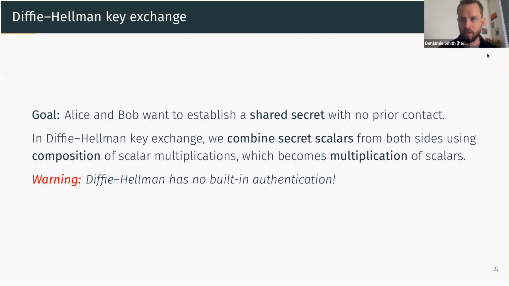There's just one thing I want to mention before we go on with this, which is that this protocol has no built-in authentication. At the end of this protocol, Alice and Bob will have a shared secret, but they won't necessarily know that Alice and Bob really are Alice and Bob.